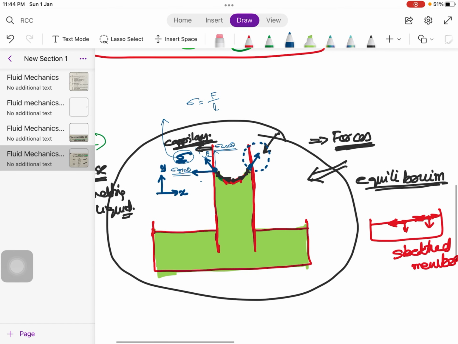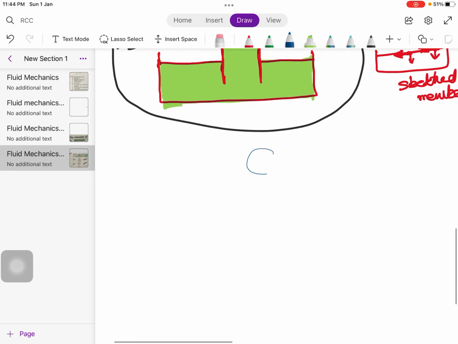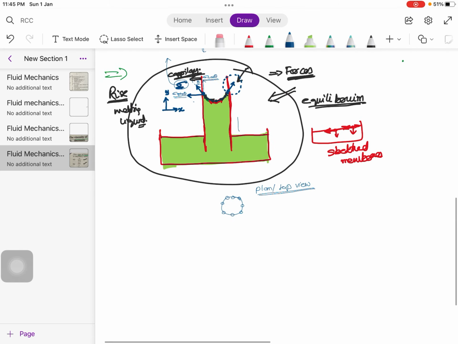If we observe the surface from the top, it would look something like this. This is the plan or the top view of the surface of the liquid which has risen in the capillary tube.